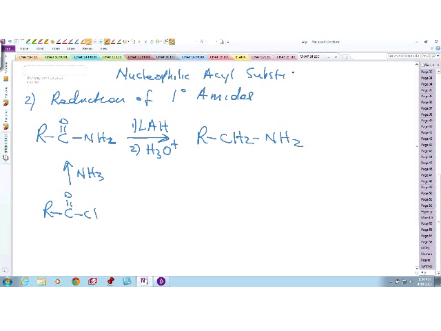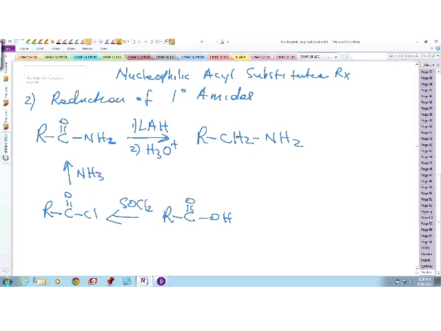Of course, we also know that we could make the acid chloride from what? How do you make the acid chloride? Carboxylic acid, very good. So we could make the acid chloride from the carboxylic acid using thionyl chloride. Okay?